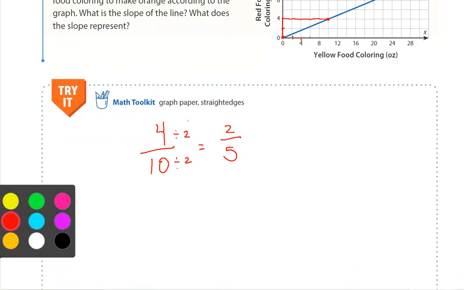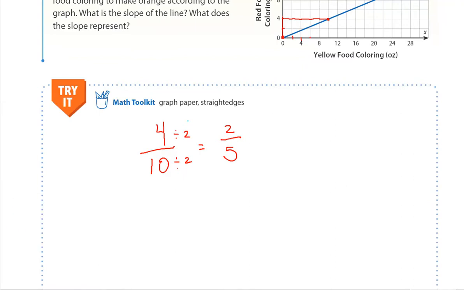And what it means, because it asks what the slope represents, is 2 ounces of red food coloring per every 5. Wait, 5 is right here. There you go, and it hits on the line too.